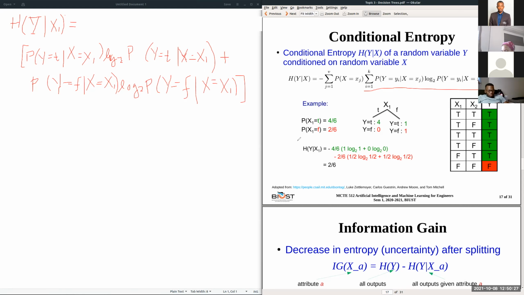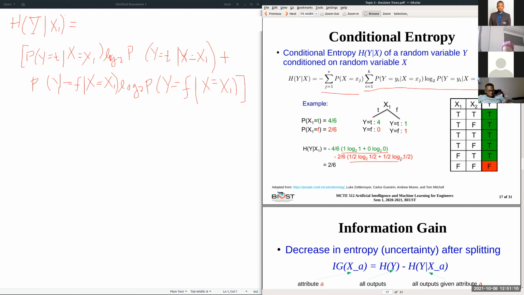So let's check. We have to include this part here where your X1, because this is conditional probability, we have to include X1 before this one. Okay, let's just consider first this part.